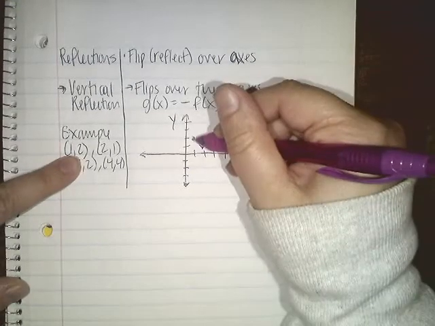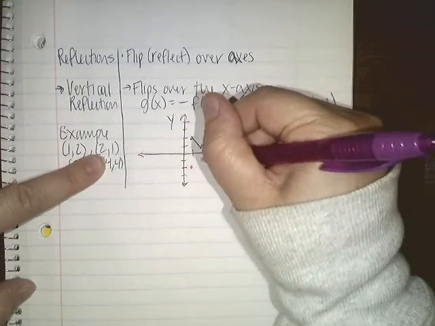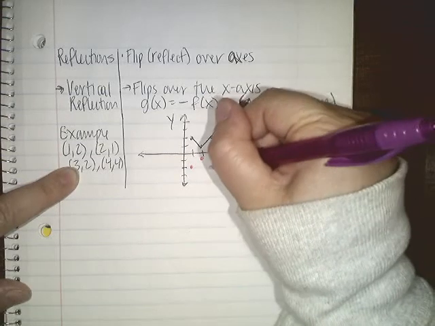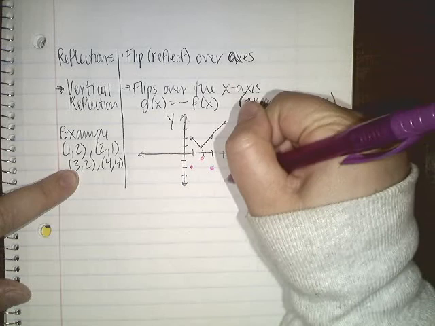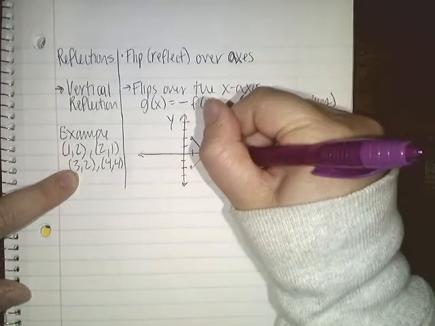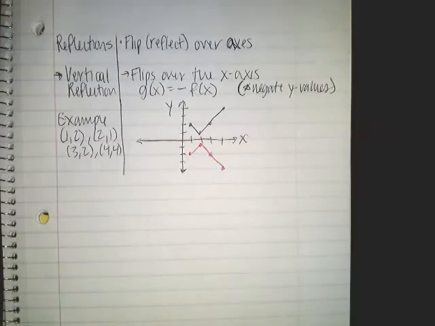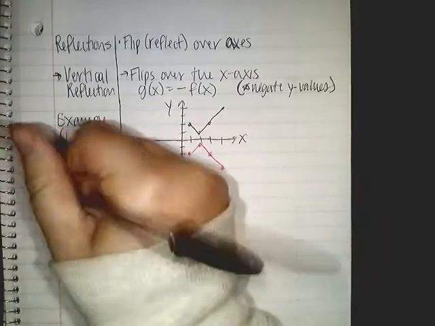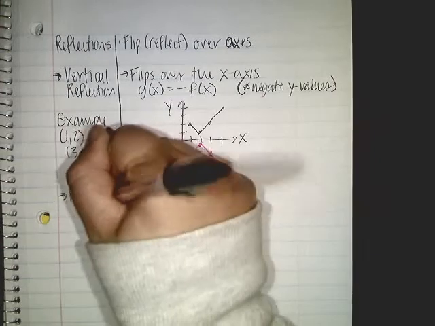So for (1, 2), I'm going to do (1, negative 2). For (2, 1), I'm going to do (2, negative 1). For (3, 2), I'm going to do (3, negative 2). And for (4, 4), I'm going to do (4, negative 4). And then I have my new function, or my vertically reflected function. Sorry, so it flips over the x-axis. Horizontal, you might guess, is going to flip over the y-axis, or from left to right.